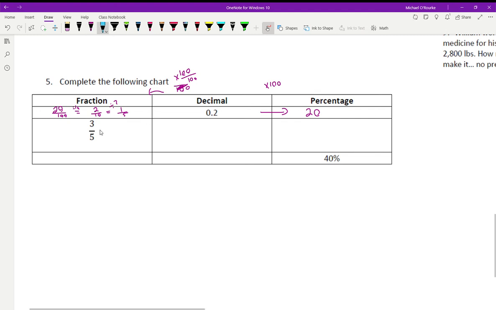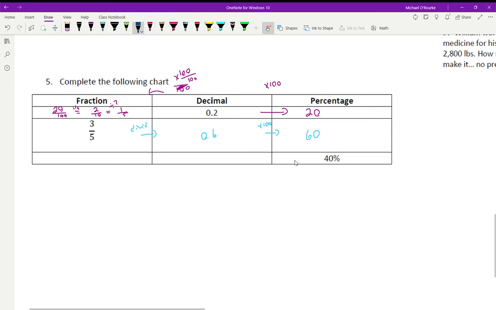Okay, now we need to go this way, so in this one, we just divide. What's 3 divided by 5? 3 divided by 5 is 0.6. Then we're going to multiply by 100 again to get 60.